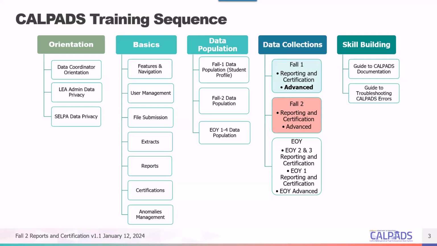For instance, for the Fall 2 data population, there are 5 different file types, and then Matt was giving a live training, which is condensed. It talks about the submission, how those files are related, and how to get it in. But each of those file types has its own individual training. So there's a lot of information.